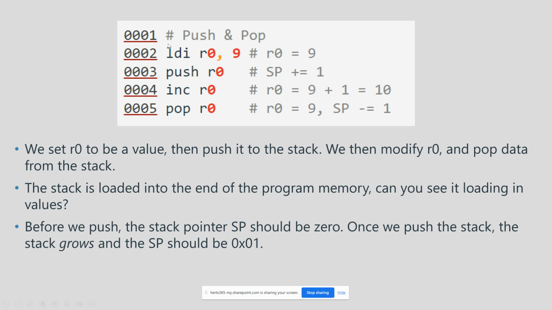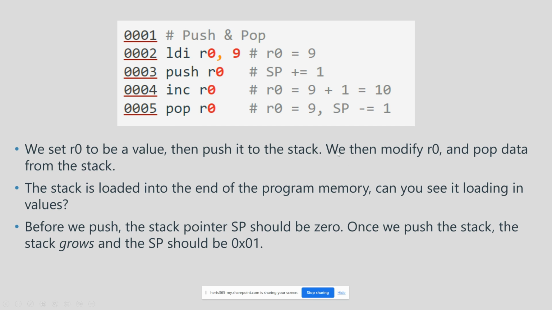Okay, push and pop. In line 2, as you can see here, we set R0 to a value, and the value is 9. Then we push it to the stack.